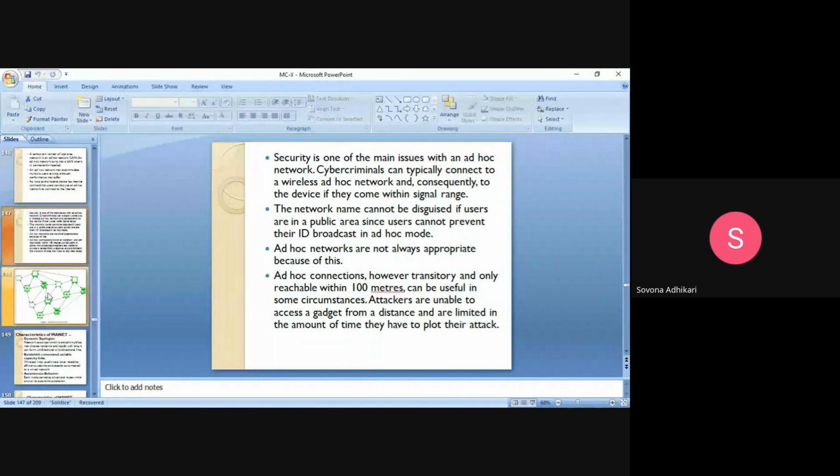Ad hoc networks are not always appropriate because of this. Ad hoc connections being transitory and only reachable within 100 meters can be useful in some circumstances. Attackers are unable to access the gadget from a distance and are limited in the amount of time they have to plot their attack. So if they are in range, they can attack, otherwise not.